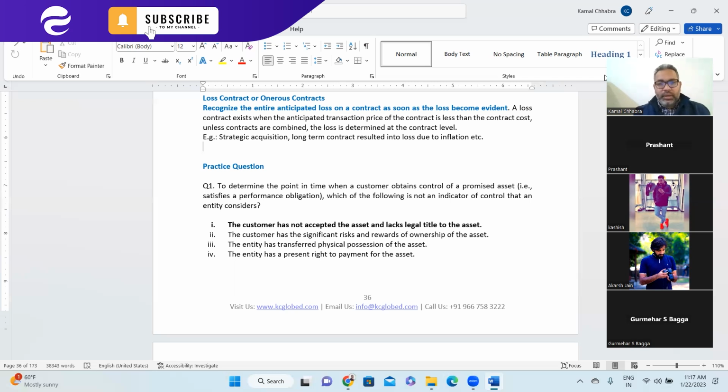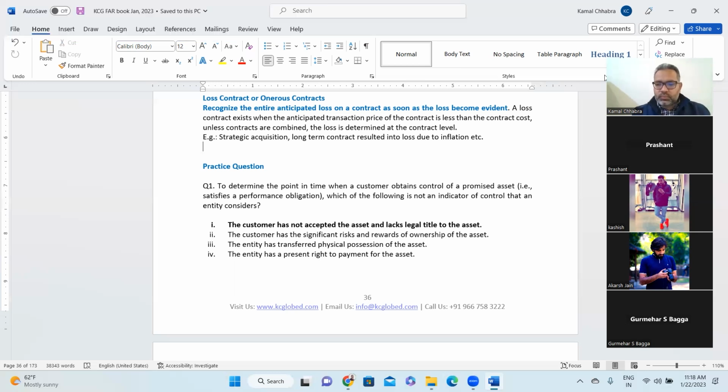We make an accounting entry if and only if there is a net loss. Otherwise, no accounting entry is required. Okay, accounting entry would be required only if there is a net loss position. If it is a net favorable position, then we are not required to make any accounting entry. Very, very good question, Guru.